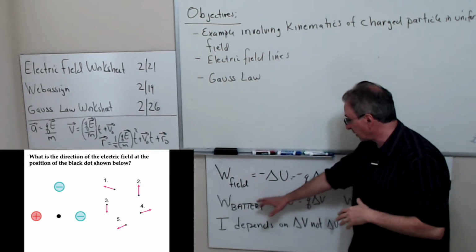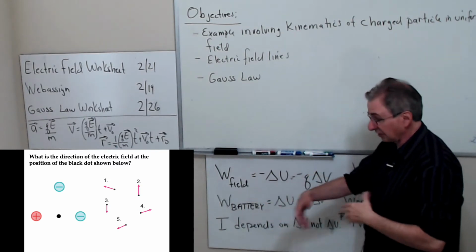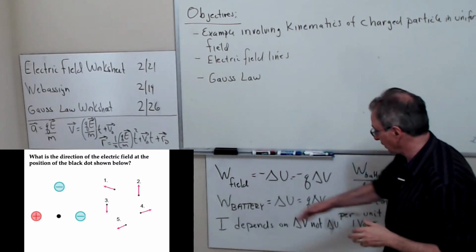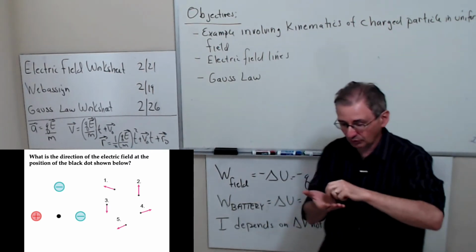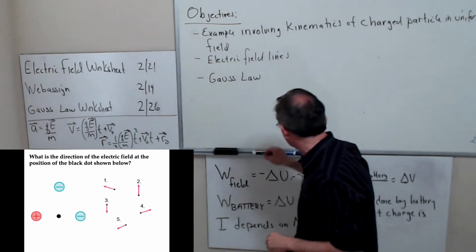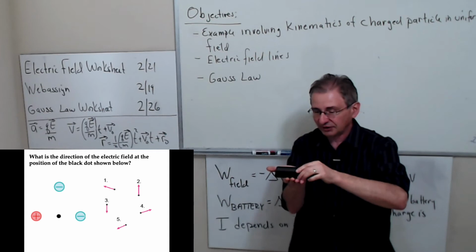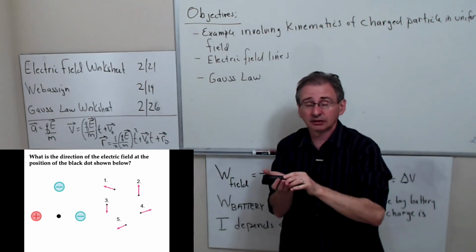But the work done by the battery is basically the negative of the work done by the field. And so we write the work done by the field is negative delta U. The same thing happens when I lift an object between 2 points. If I lift an object from here to here, I do work to lift up the object.